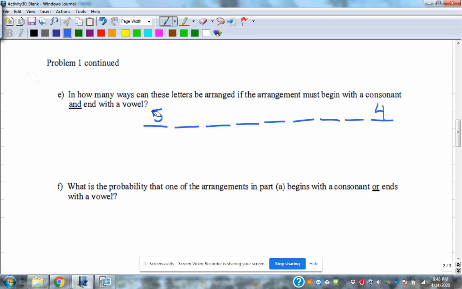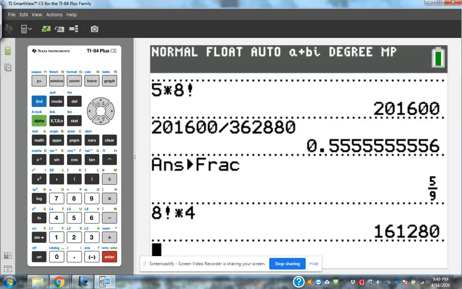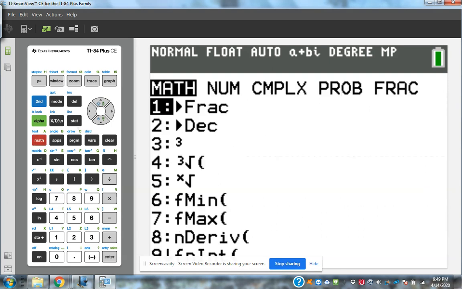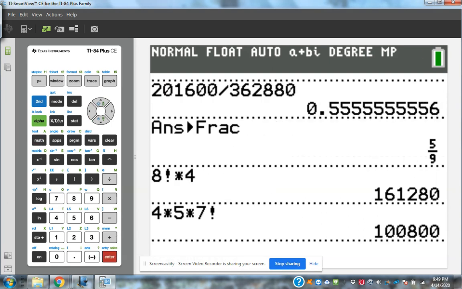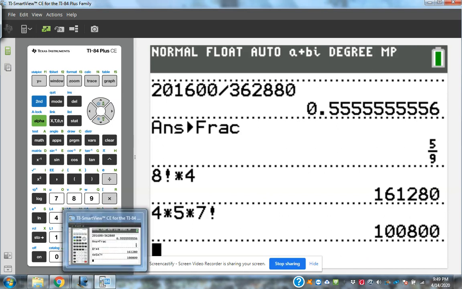If we choose a consonant at the front and a vowel at the end, that takes away 2 of the letters, so there's only 7 to deal with: 7, 6, 5, 4, 3, 2, 1. So it's 4 times 5 times 7 factorial, which gives us 100,800.